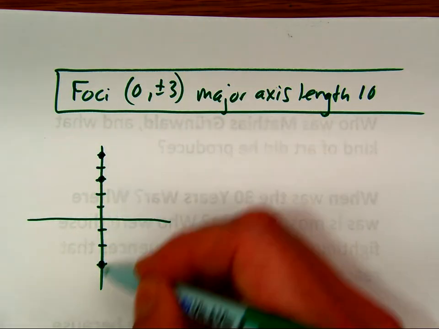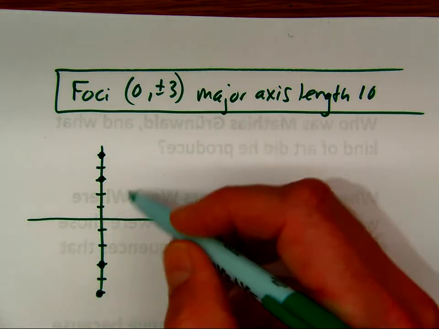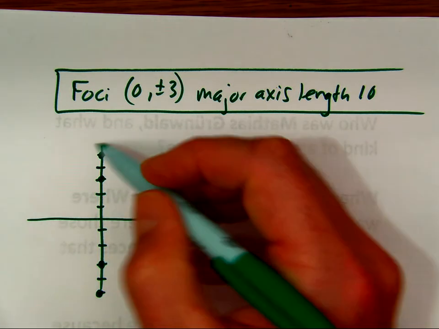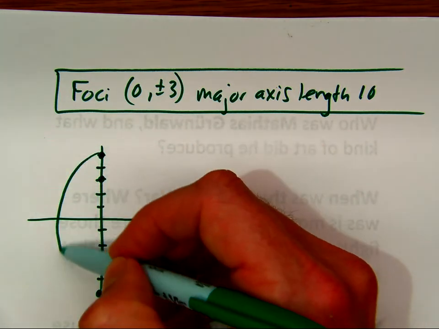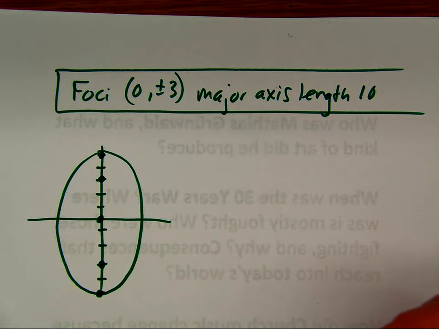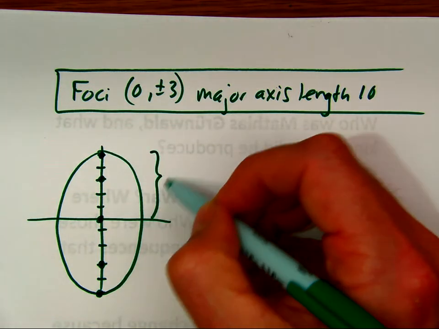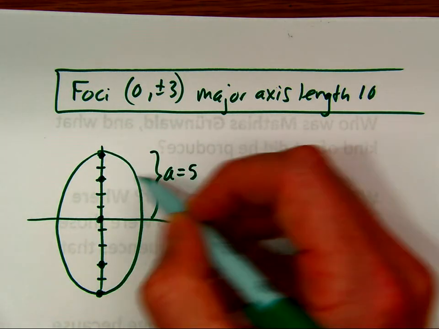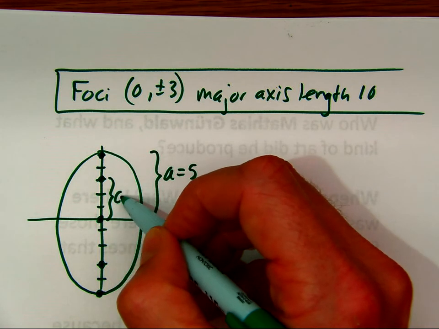There's the vertex, down 2 more for a total length of 10. So we know it looks like that with A equals 5, C equals 3.